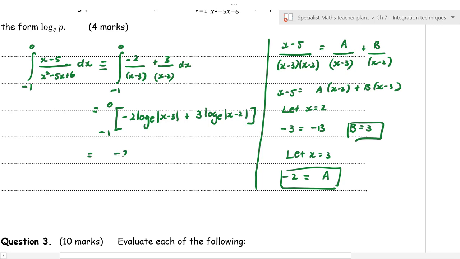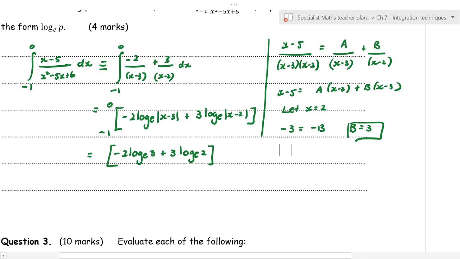So we've got minus 2 log e of 3, and then plus 3 log e of 2. Okay, that's the first one. And then we're subtracting. I'm running out of room here, so I'm just going to rub this out for the time being.